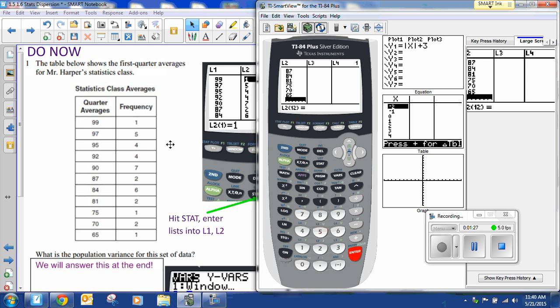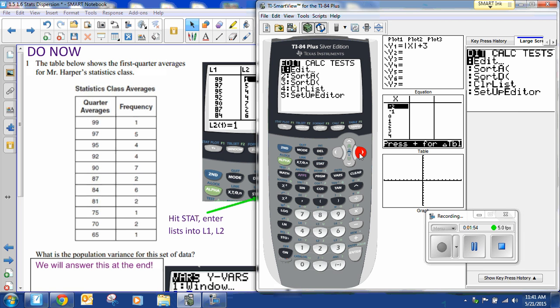And there we go. Got 11 in here: 1, 2, 3, 4, 5, 6, 7, 8, 9, 10, 11. And I'll go ahead and populate the next column, L3, with the frequencies. And there we go.